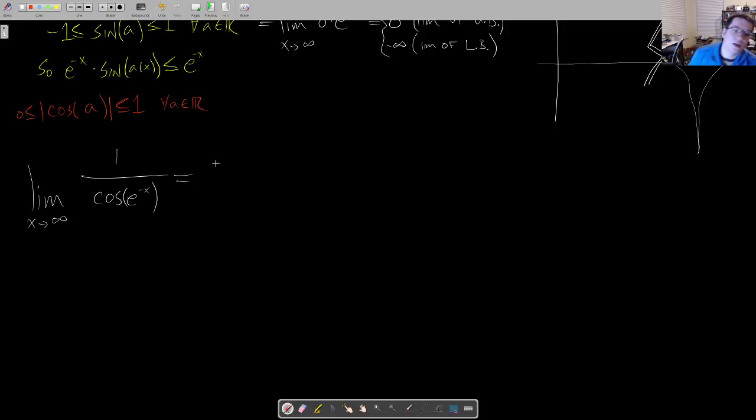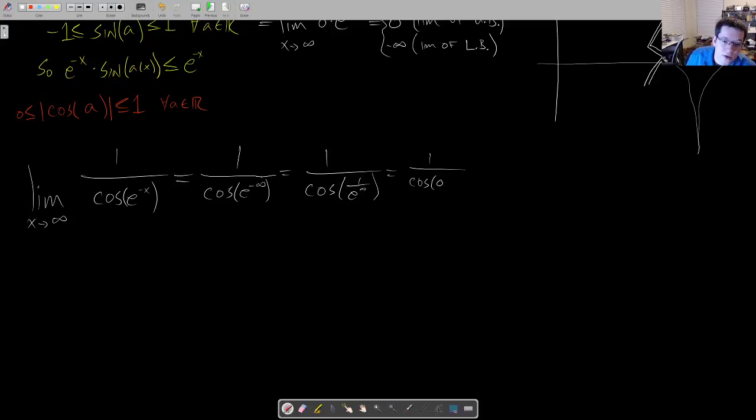So that would be 1 divided by the cosine of e to the negative infinity, which is 1 divided by cosine of 1 over e to the infinity, cosine of 0. Cosine of 0, of course, is 1, so that's 1.